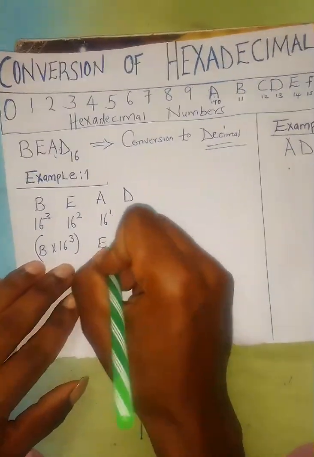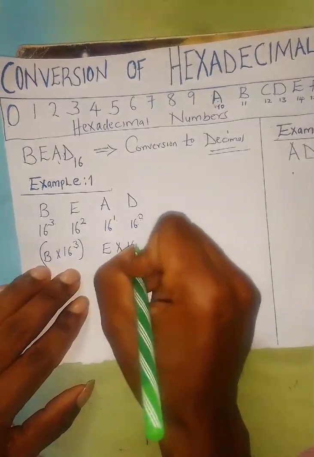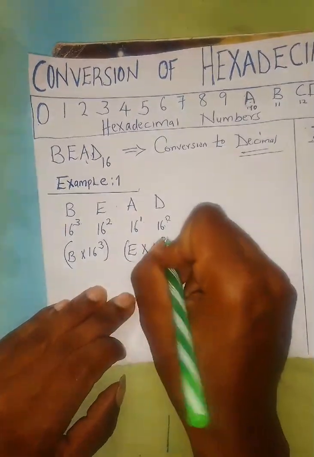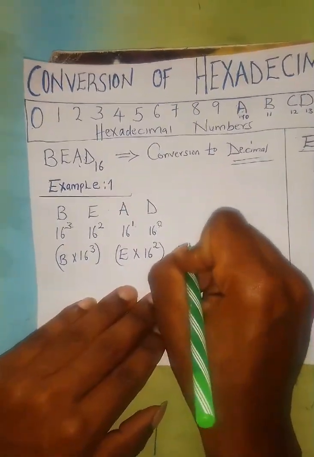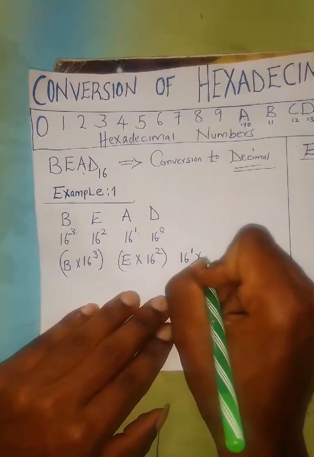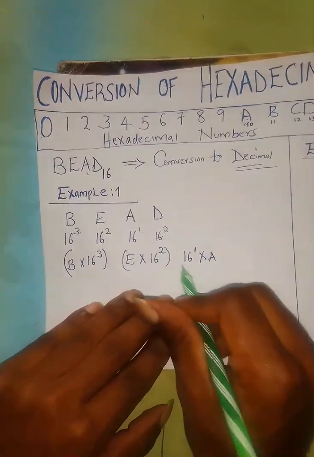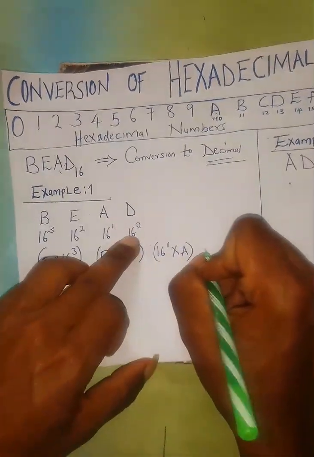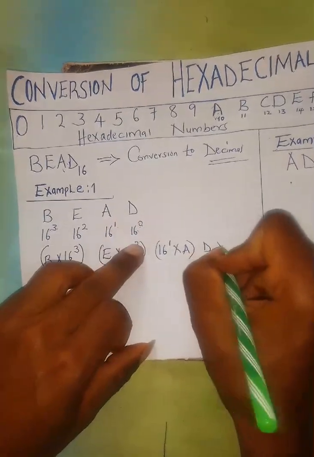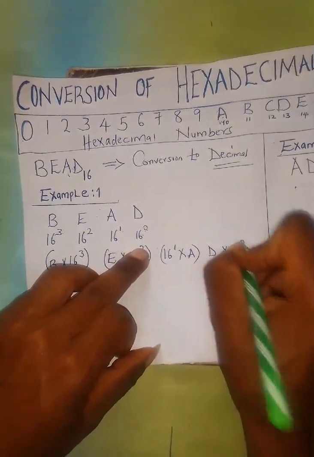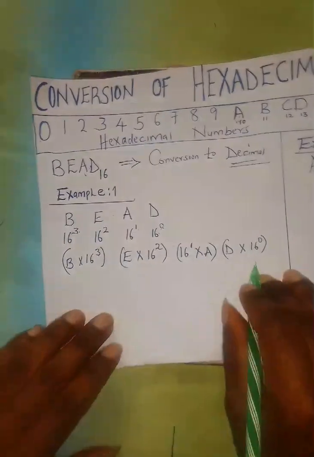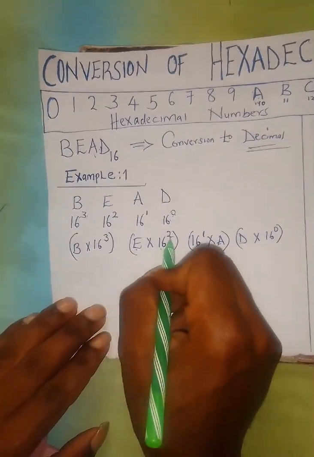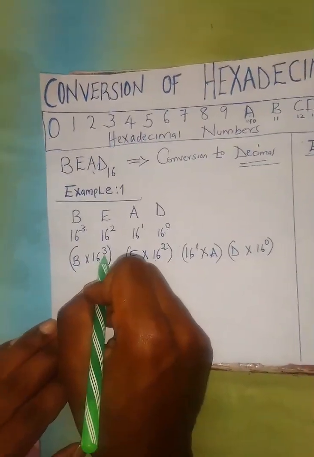E multiplied by 16 power 2. 16 power 1 times A. D multiplied by 16 power 0. So A times 16 power 1, E times 16 raised to 2, B times 16 raised to power 3.